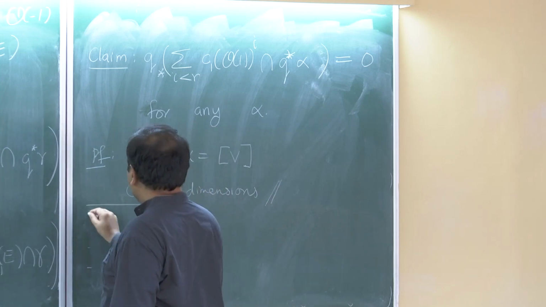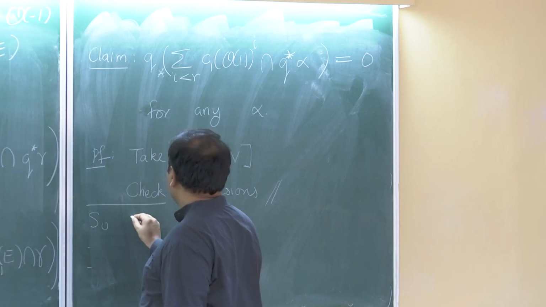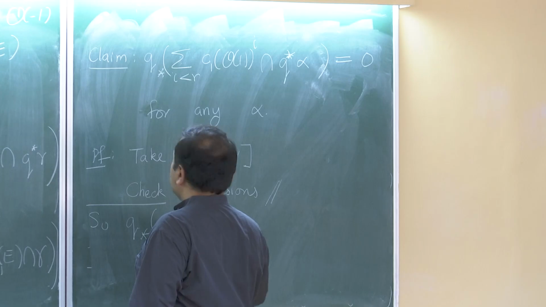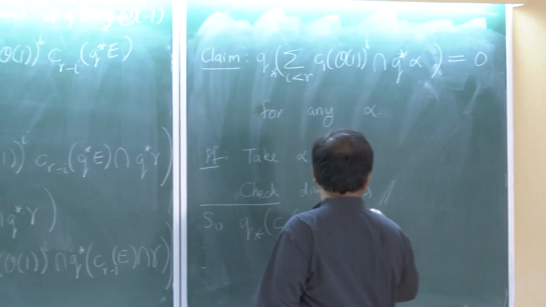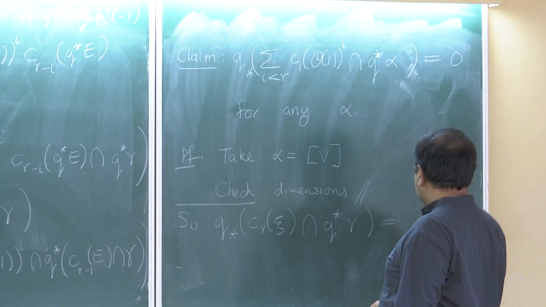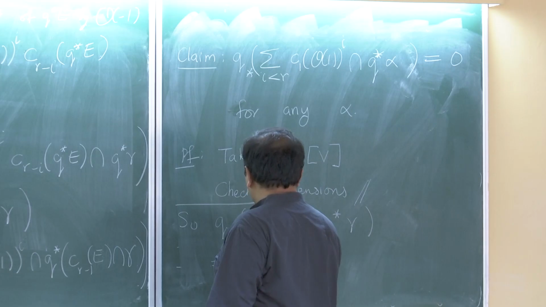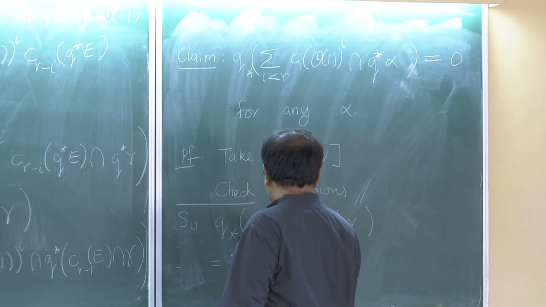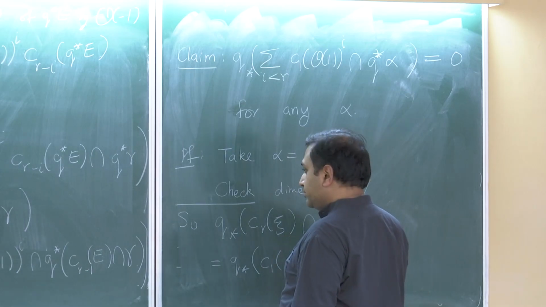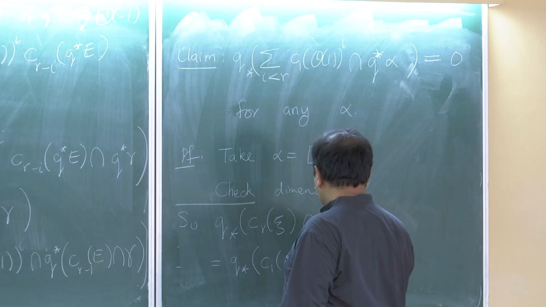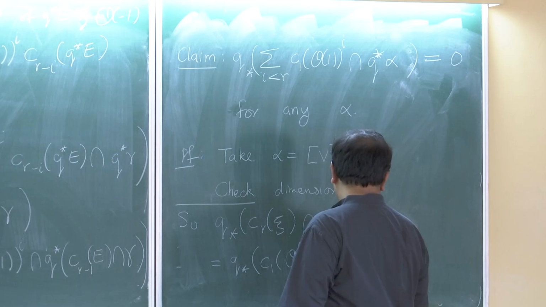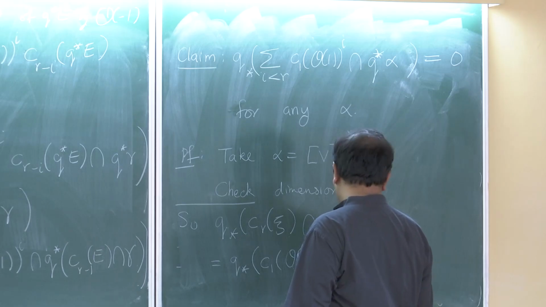Okay, so what we see is that Q lower star of CR psi capped with Q upper star gamma is equal to Q lower star of C1 of O1 capped with Q upper star of gamma.